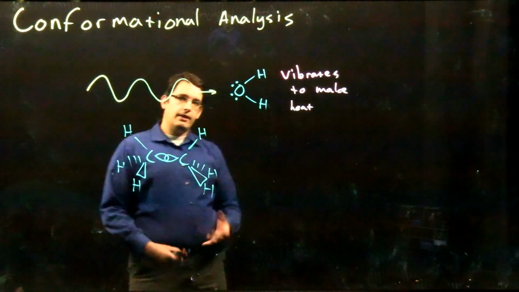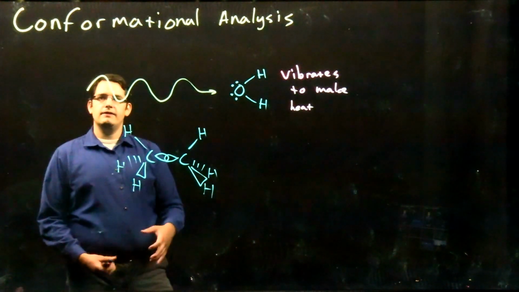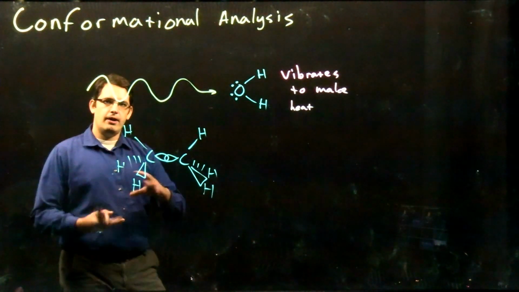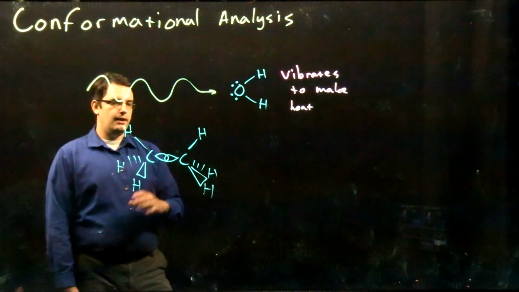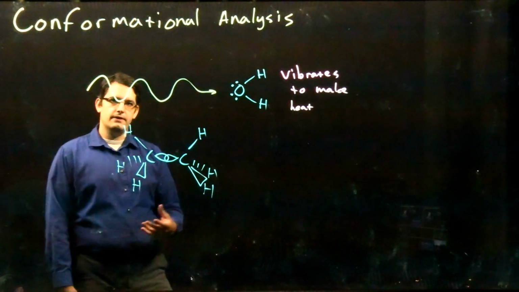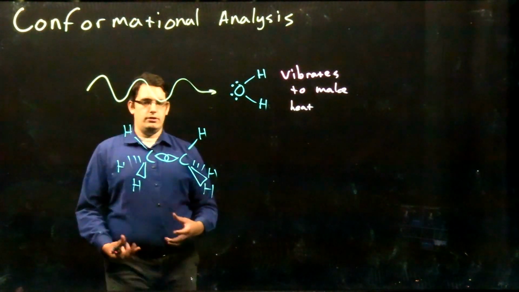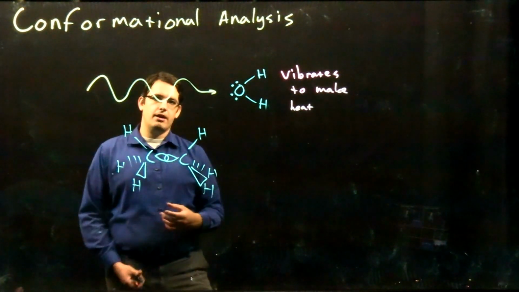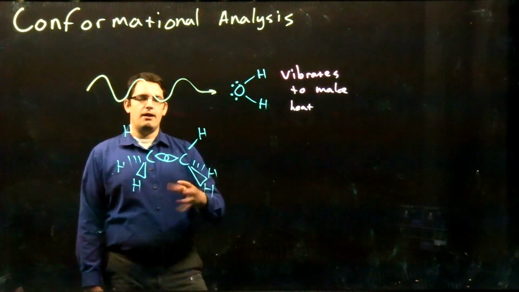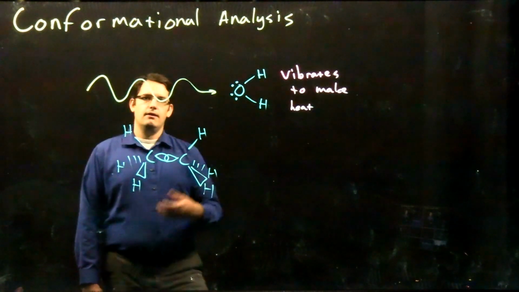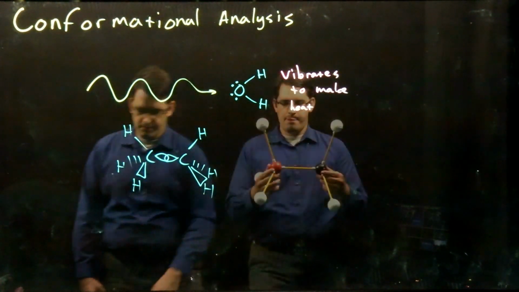Now, although my molecule can freely rotate, that doesn't mean that every orientation of my molecule is the same, and there's no difference. So we need to look at these different conformations, which are just different ways of arranging our molecule, and we need to consider how those conformations affect the stability and the properties of our molecule.